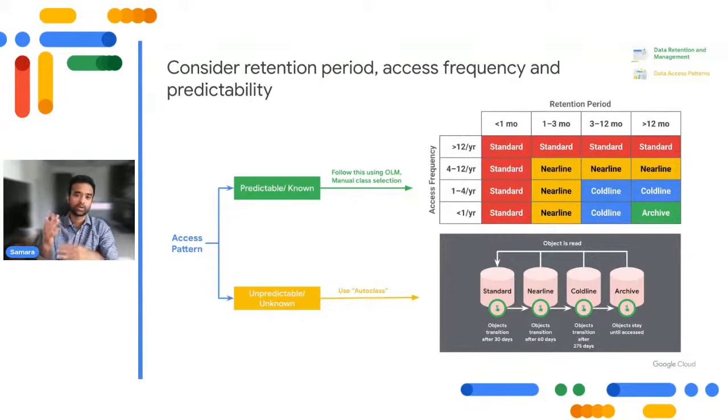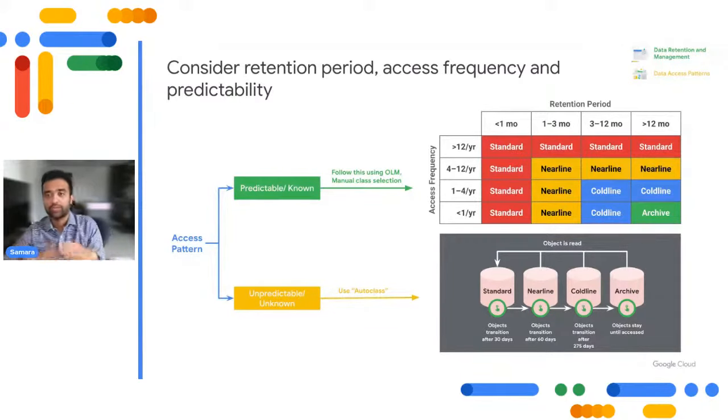Autoclass would be your recommended option because Autoclass is like a set and forget kind of bucket setting. It will monitor the object's last access time within the bucket, and it will move it to the appropriate storage class that's optimized for future accesses.